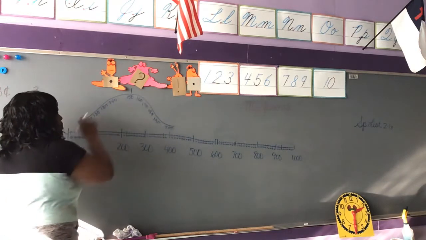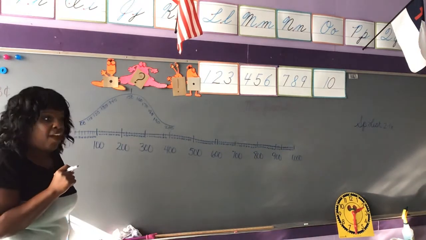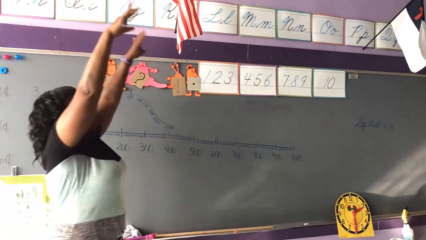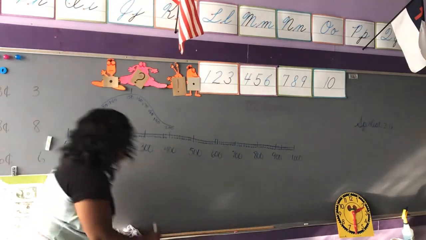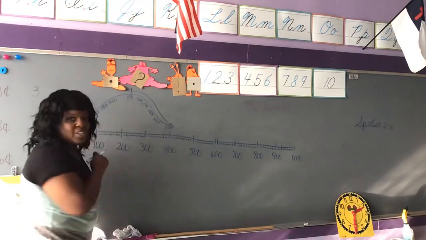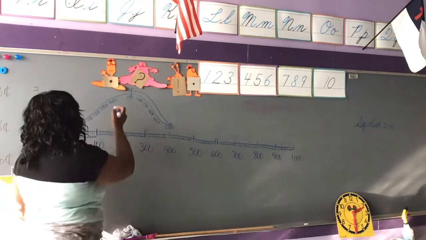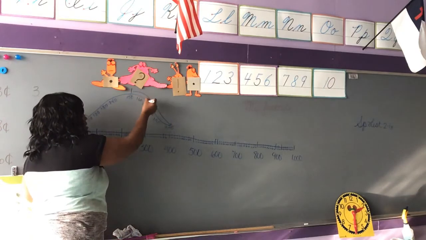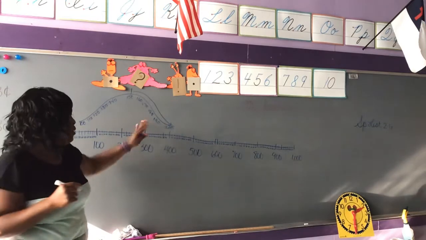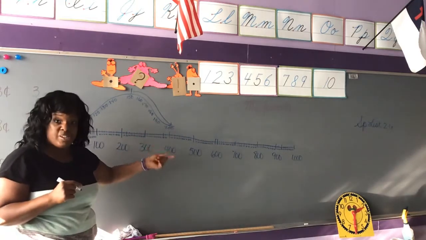Once I get to my peak of my hill, then what does that mean? I get to go over and down the hill. So it goes to the next 100, which is 200. So 150, 60, 70, 80, 90, those go to the next higher number, the next 100, which would be 200.